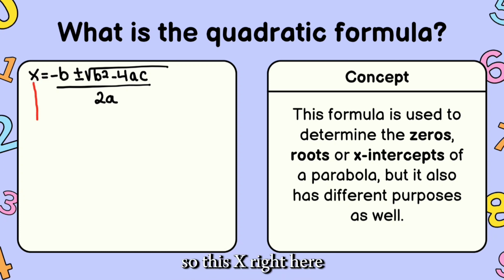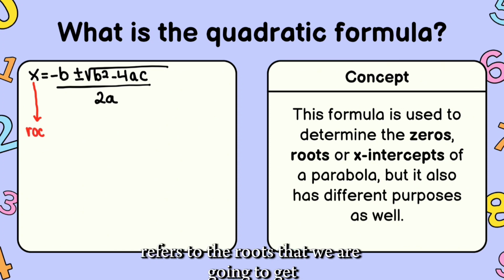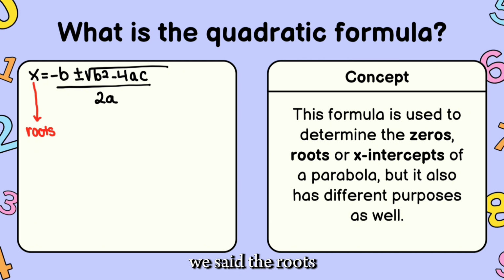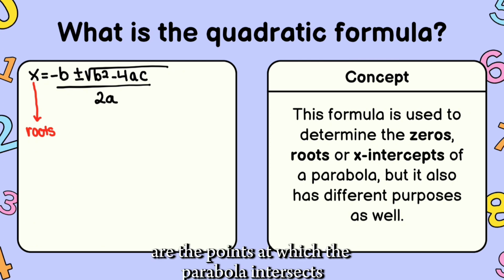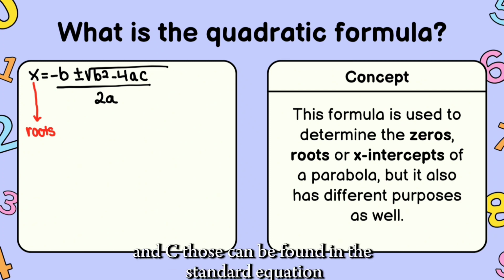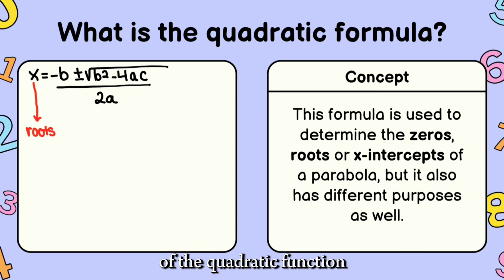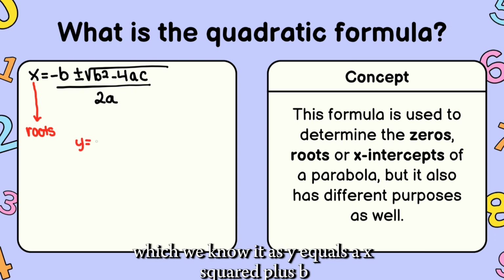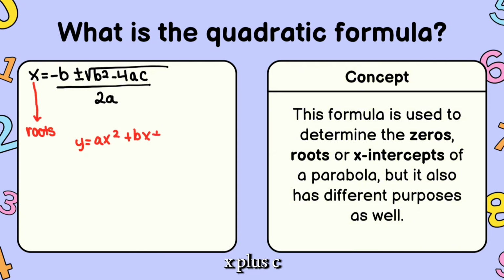This x right here refers to the roots that we are going to get as our answer. And again, we said the roots are the points at which the parabola intersects with the x-axis. Now, the letters a, b, and c can be found in the standard equation of the quadratic function, which we know as y equals ax squared plus bx plus c.